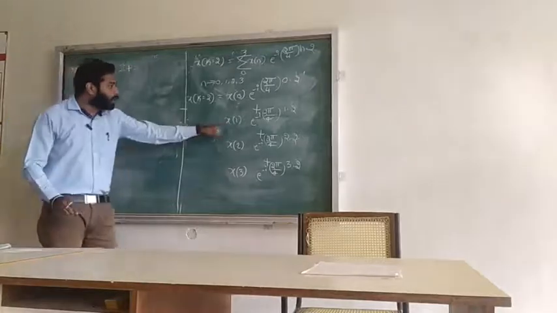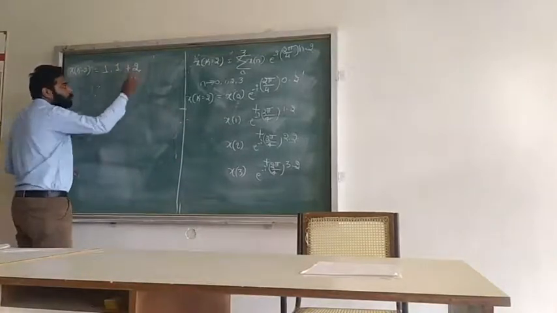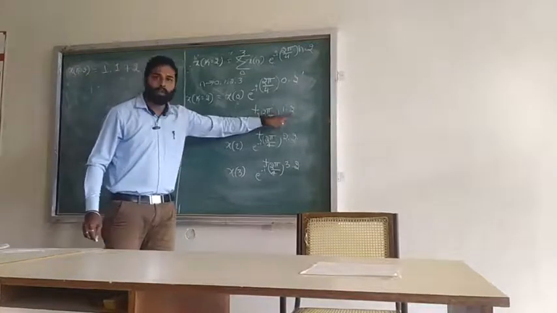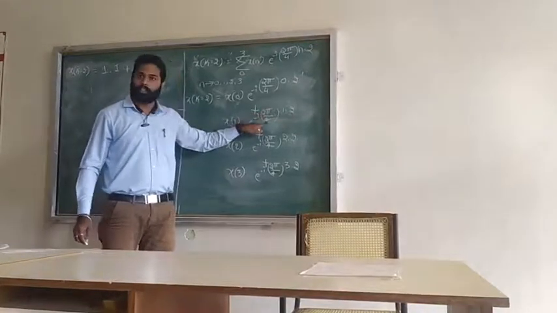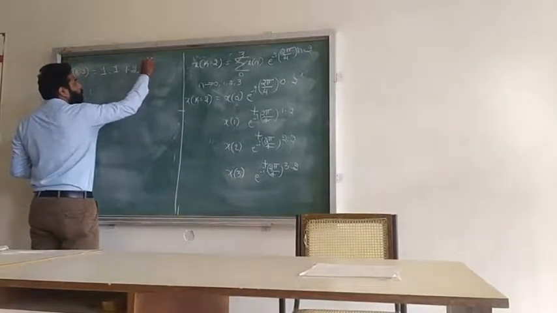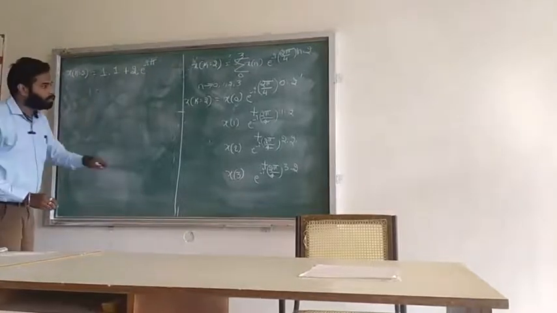Plus x of 1. x of 1 is 2, e raised to minus i 2 pi by 4 into 2, so e raised to minus i pi. Next, 3 plus.